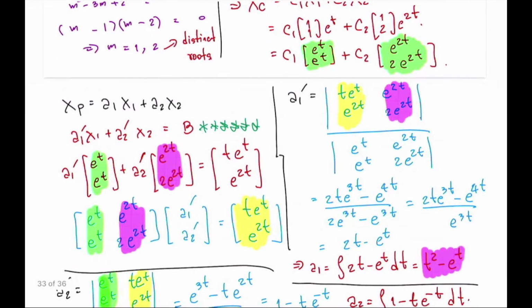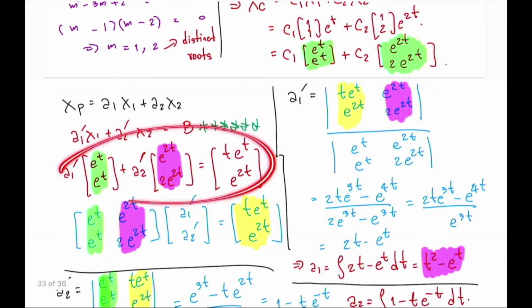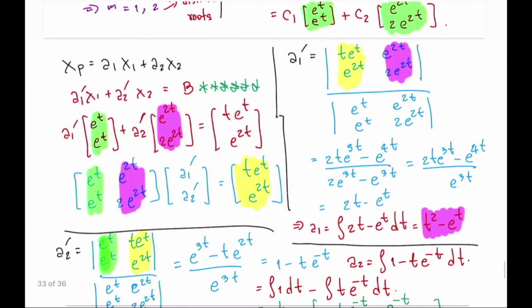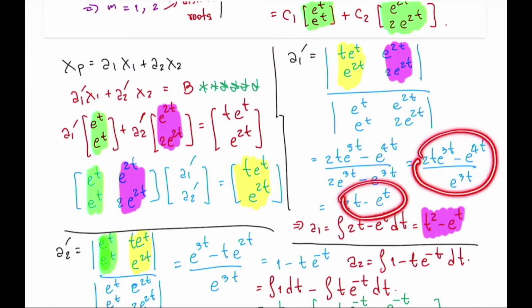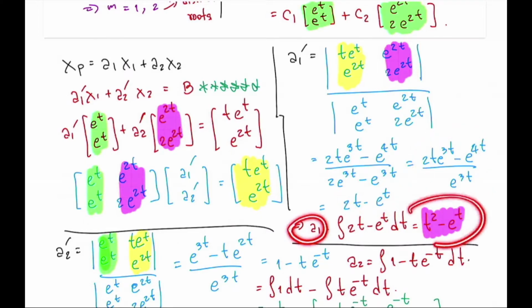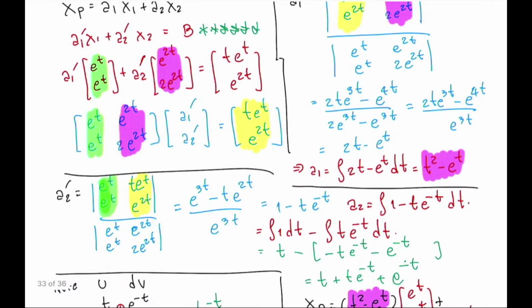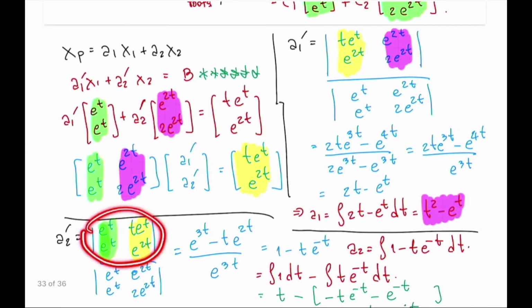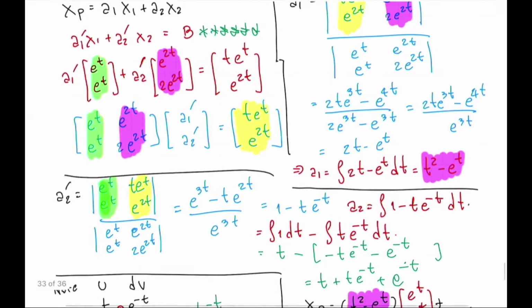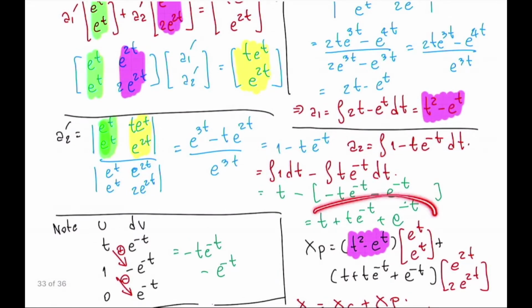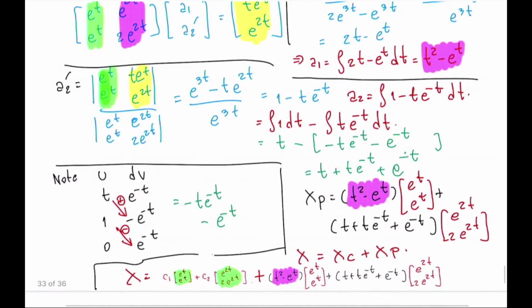And then you just write this down in terms of matrix. And then you get this system of equations in terms of a1 prime and a2 prime. And then you use Cramer's rule to solve for a1 prime. Once you get a1 prime, you can integrate to get a1. Okay, and then you use Cramer's rule again to get a2 prime. And once you get a2 prime, you can integrate to get a2.